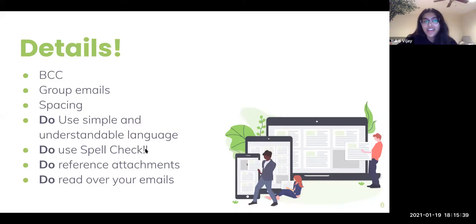And this next thing is pretty self-explanatory, but a lot of times I've gotten emails where people haven't used spell check. It's important just to seem professional, and when you get an email where people haven't used the right grammar, it gives an unprofessional vibe to the entire email. I prefer Grammarly.